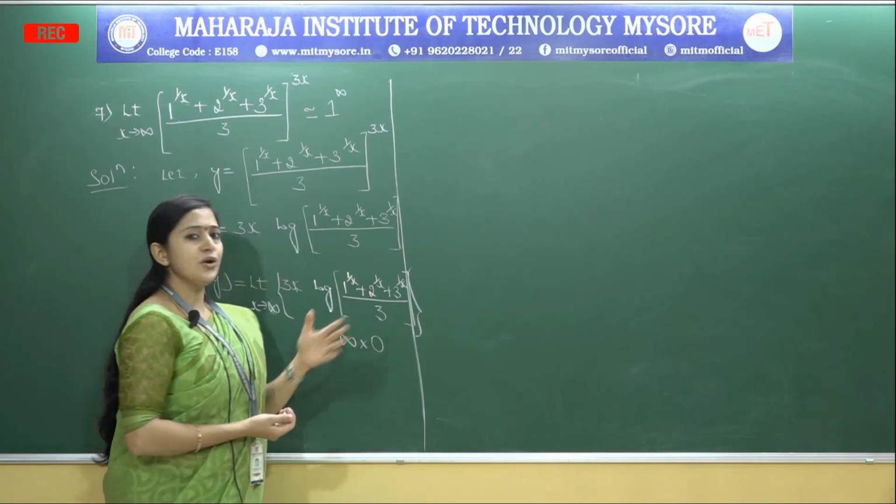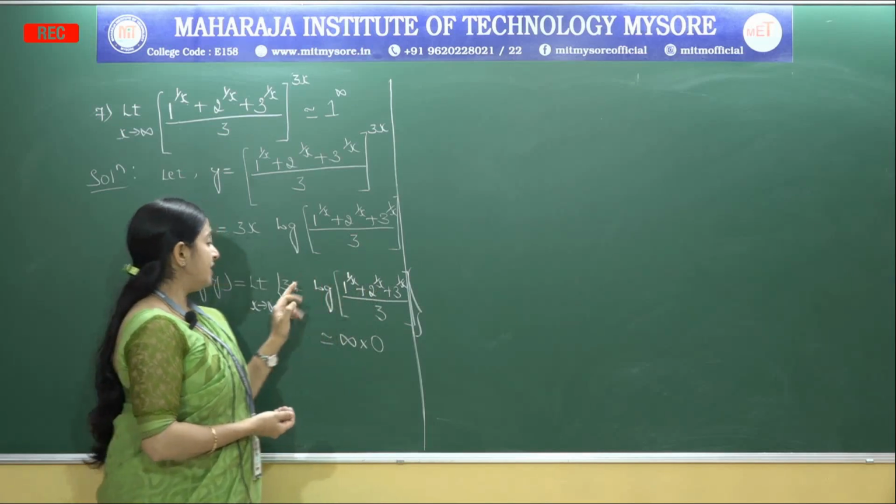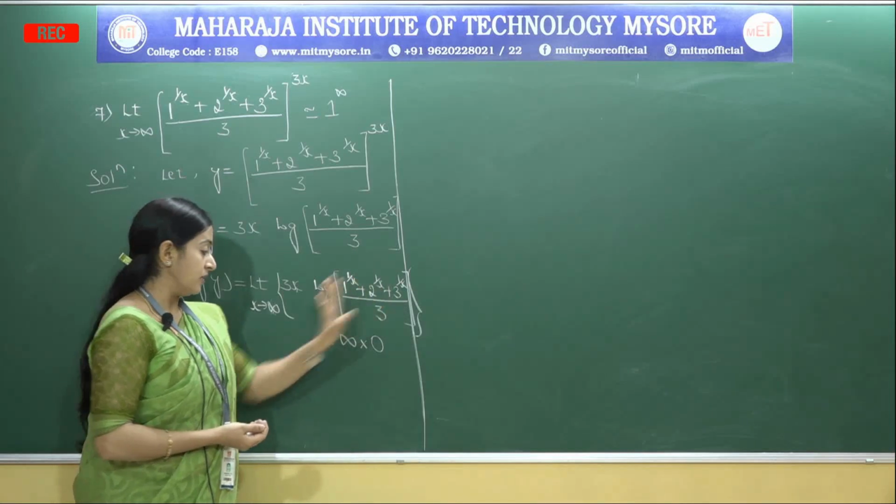Then what you have to do is write any one of the terms in the denominator. So write this x in the denominator and apply the logarithmic property for this part.